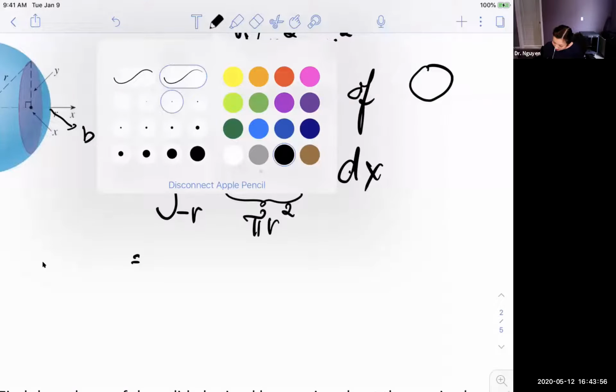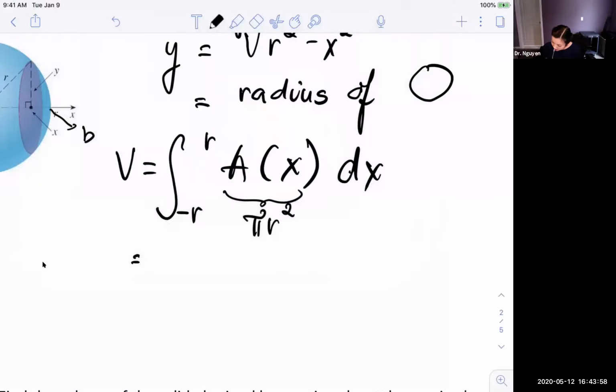It's going to be pi r squared. So in this case, it's going to be y squared, right?